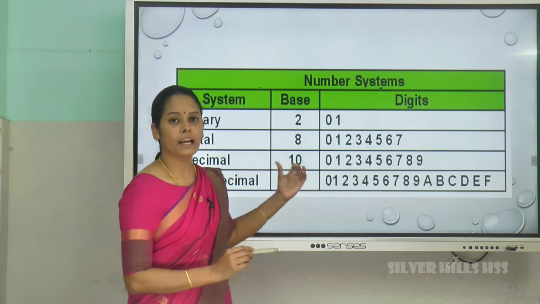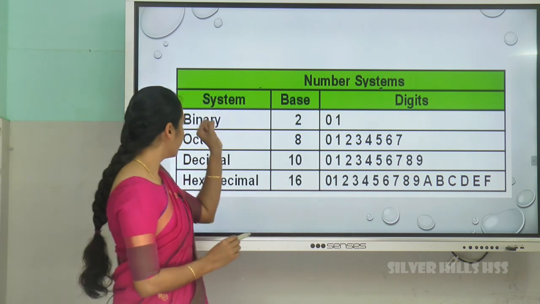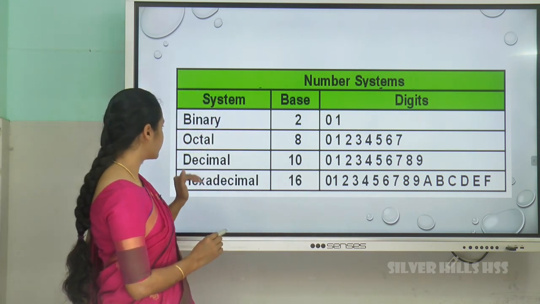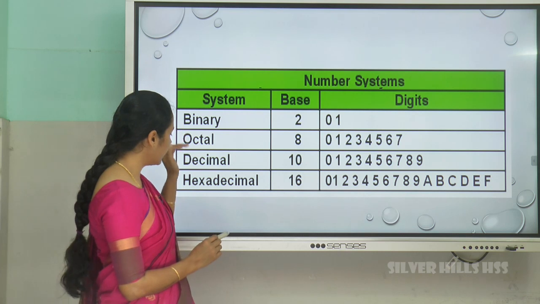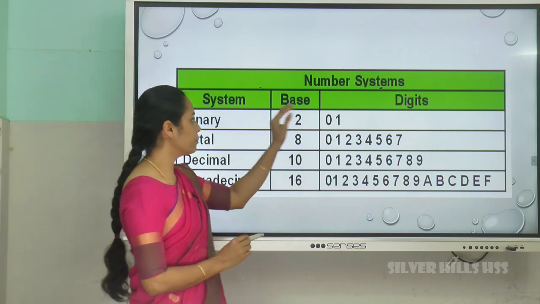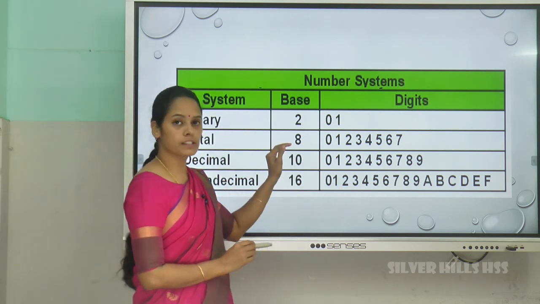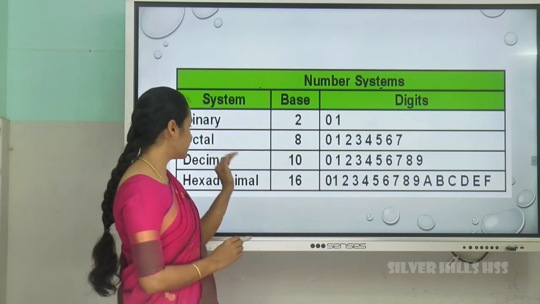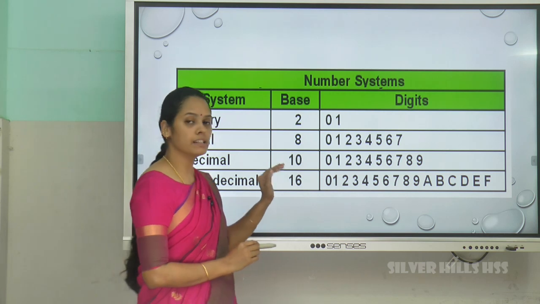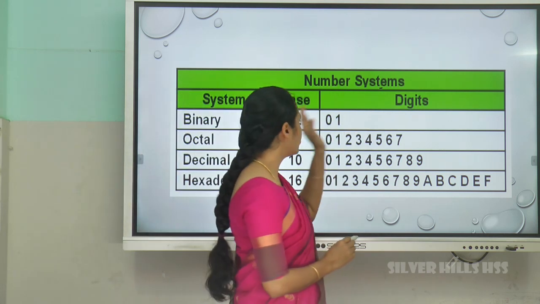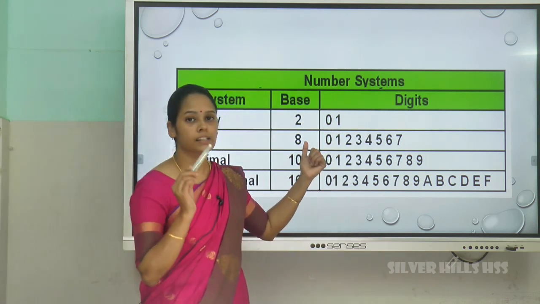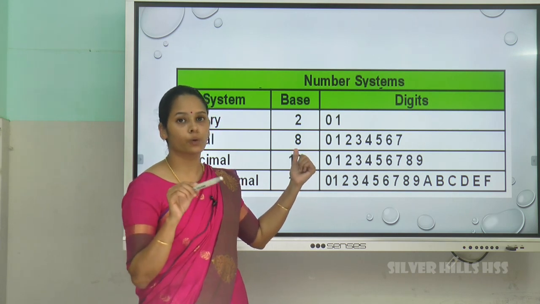Here in this table you can see we have mainly 4 number systems: binary, octal, decimal, and hexadecimal. The base of the binary number system is 2, the base of octal is 8, the base of decimal is 10, and hexadecimal is 16. In binary we use only 2 symbols to represent all the numbers, zeros and ones.